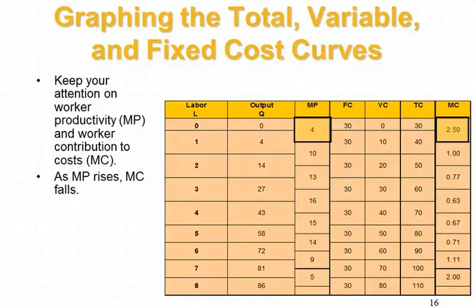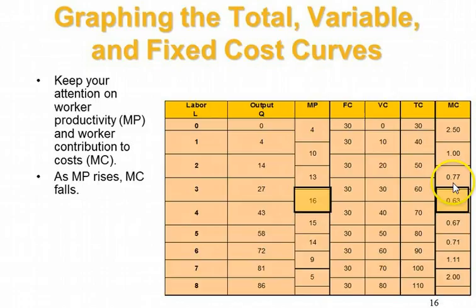See, as the workers become more productive, 4, 10, 13, 16, look at what's happening to marginal cost over here. Marginal cost, the change in total cost when you produce one more unit, is falling. That makes sense. When productivity goes up, as seen by this increasing number, marginal costs are falling.